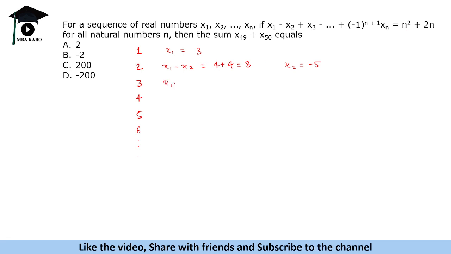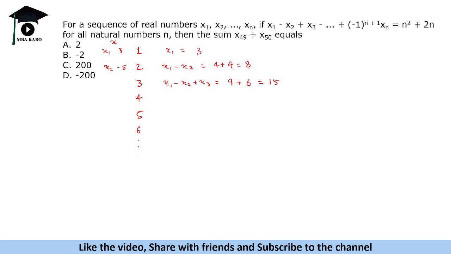Next, if we put x1 minus x2 plus x3, we get that this is 3 square. So let me write these values like this: x1 is 3, x2 is equal to minus 5. Now this is equal to 9 plus 6, that is 15, right?